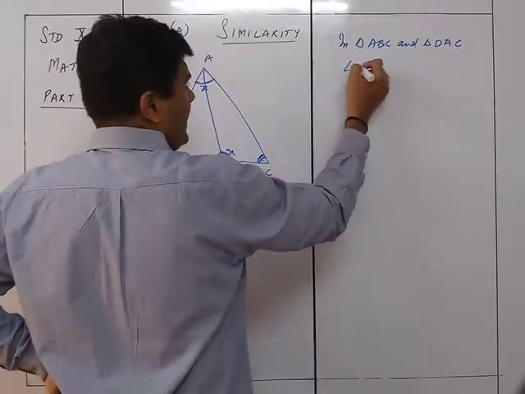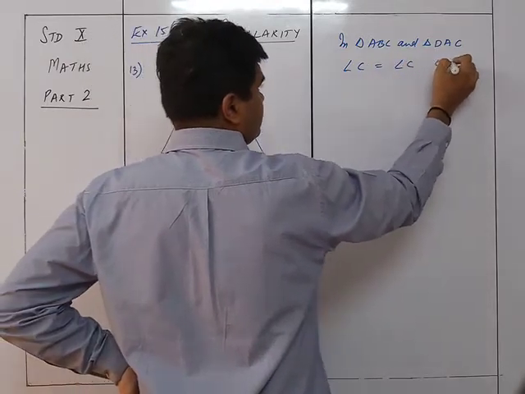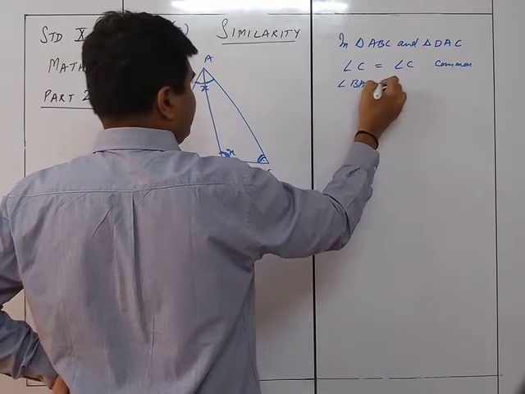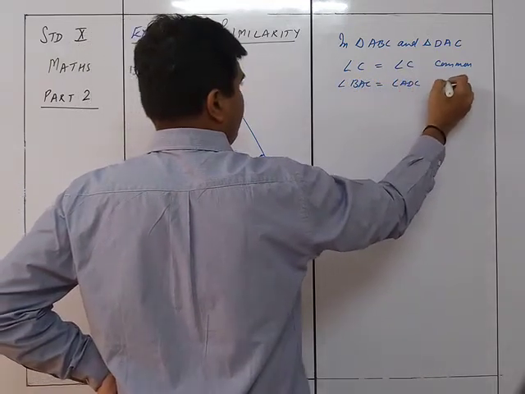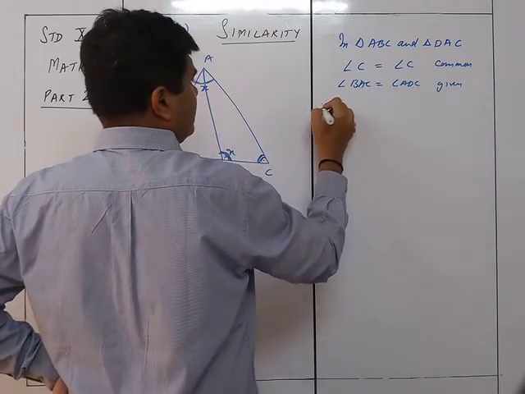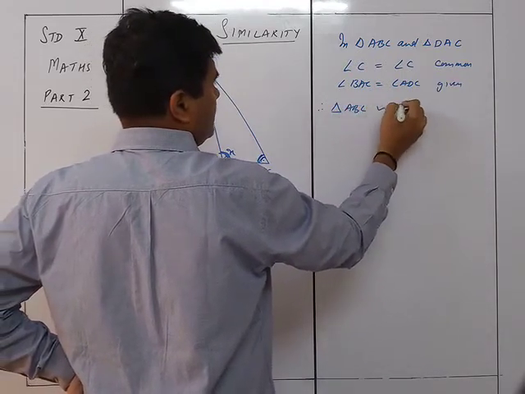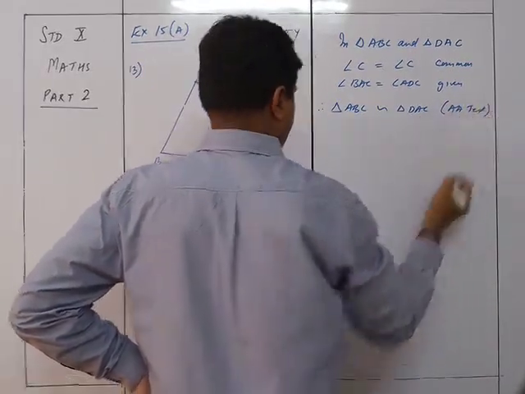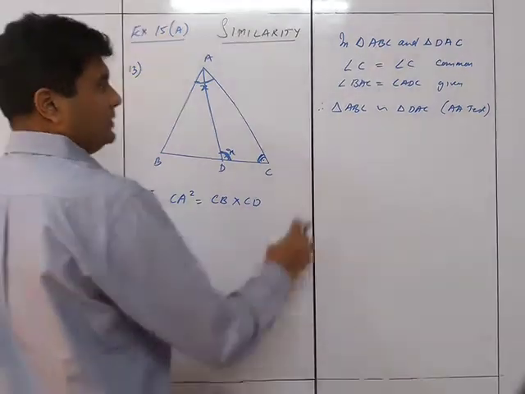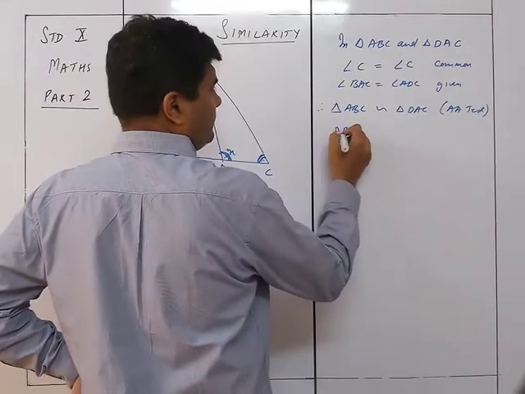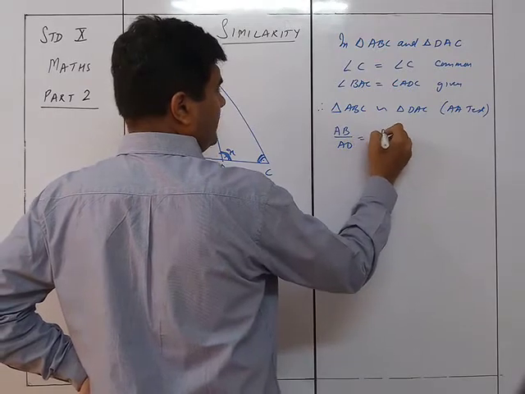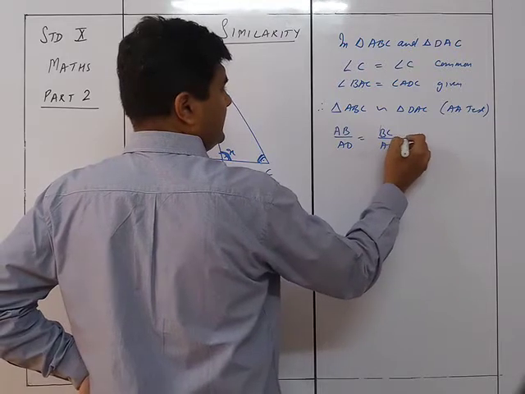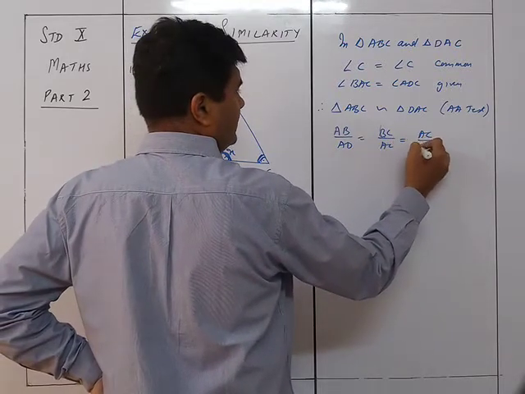Yeah, same thing we write over here. Angle C is equal to angle C, common. And we write angle BAC is equal to angle ADC, given. Therefore, triangle ABC is similar to triangle DAC by AA test. So we write over here AB upon AD is equal to BC upon AC is equal to AC upon DC.